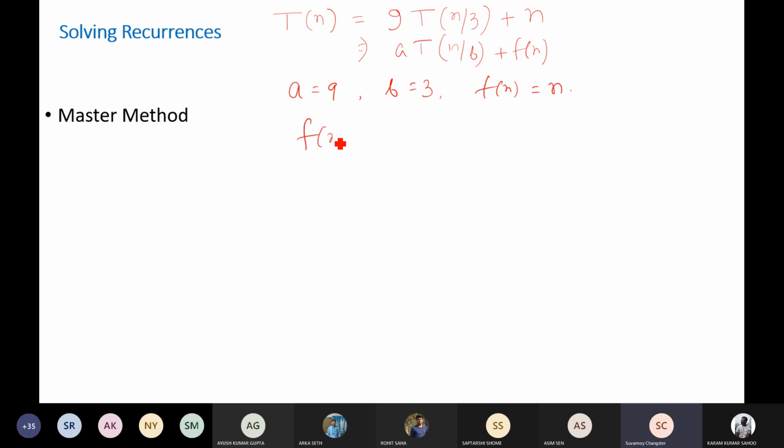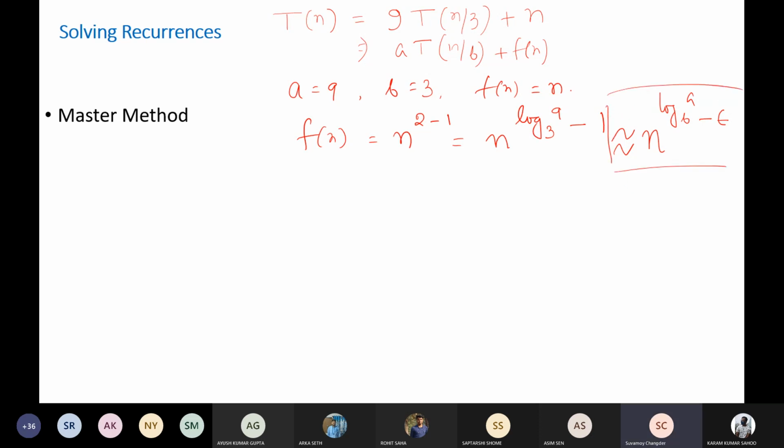So can we write f(n) equals n to the power 2 minus 1? Now we can write n to the power log 9 base 3 minus 1. So we can compare this with the first case of the master method as n to the power log a base b minus epsilon, where a is 9, b equals 3 and epsilon equals 1.